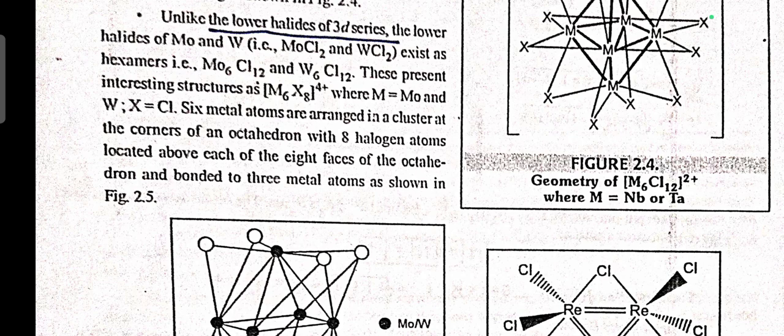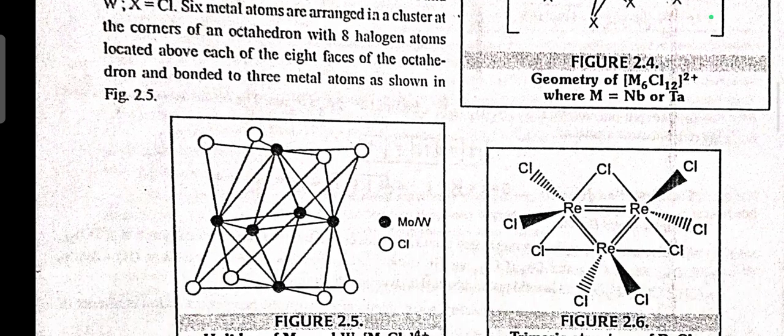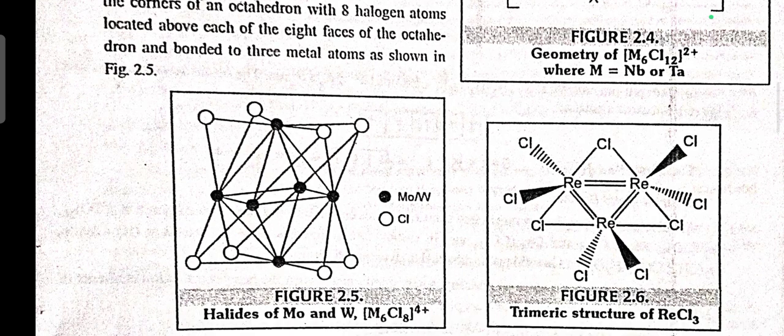These present an interesting structure as [M6X8]4+, where M is molybdenum or tungsten and X is chlorine. 6 metal atoms are arranged in a cluster at the corners of an octahedron with 8 halogen atoms located above each of the 8 faces of the octahedron and bonded to 3 metal atoms, as shown in figure 2.2.